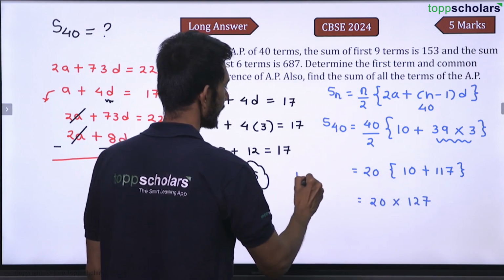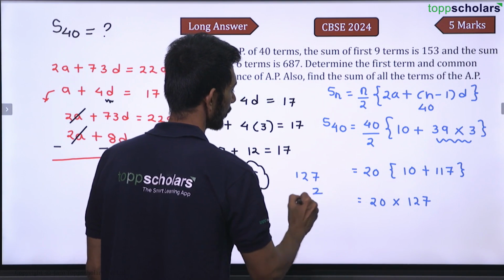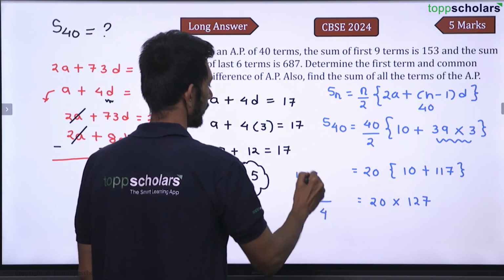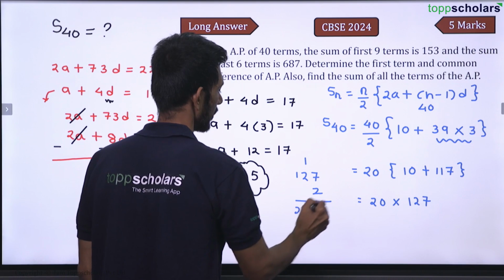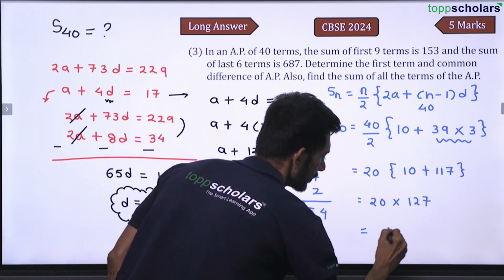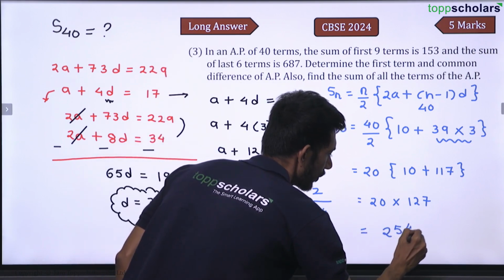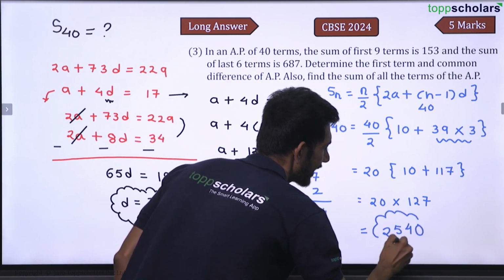So just do 127 into 20, that becomes 2540. That is your final answer.